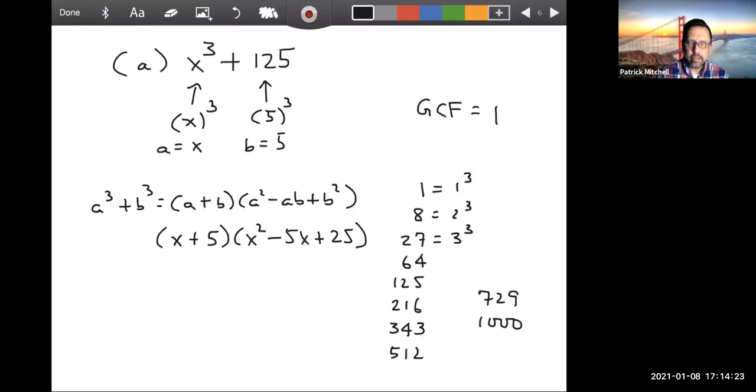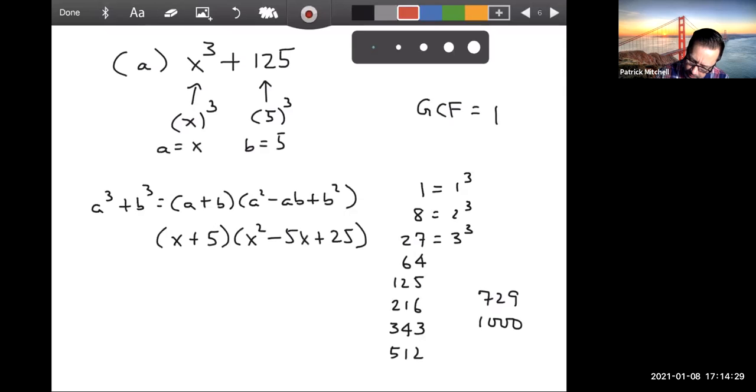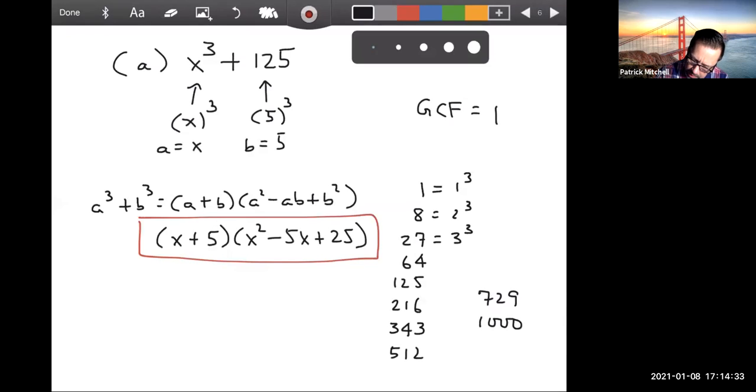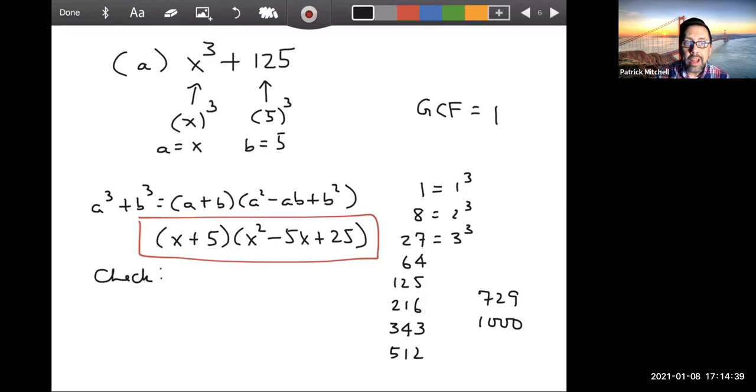All right. And you know what? Let's check that one. Why not? Okay, so I think this is the answer. And for the check, we would just do something similar to what we did in that other multiplication problem. When I distribute the x, I get x cubed minus 5x squared plus 25x.